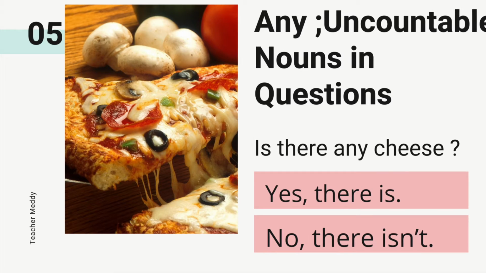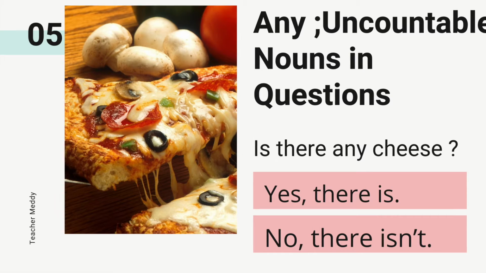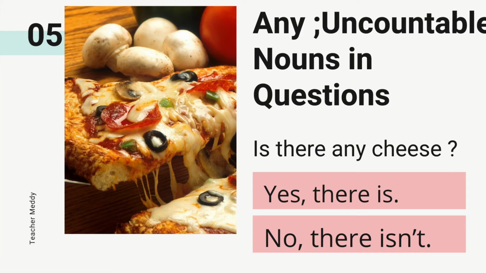Now, you have to remember, for uncountable nouns, we use is. Untuk benda yang tak boleh kita kira ni, kita akan guna is. So remember, cheese is an uncountable noun. So is there any cheese? When the question starts with is, apabila soalan mula dengan is, jawapannya juga mesti kena ada is.